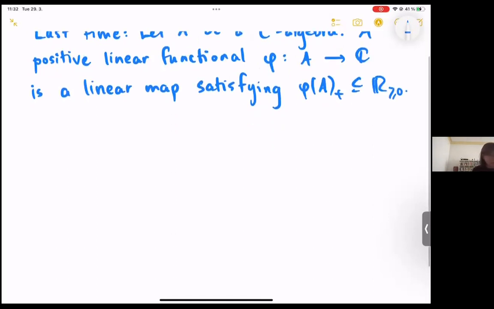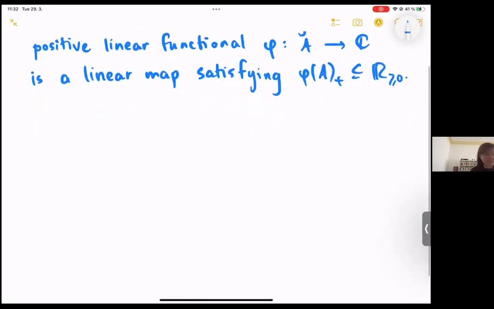Okay, so a couple of facts that we saw last time that are relatively important. We saw that a positive linear functional is automatically bounded.